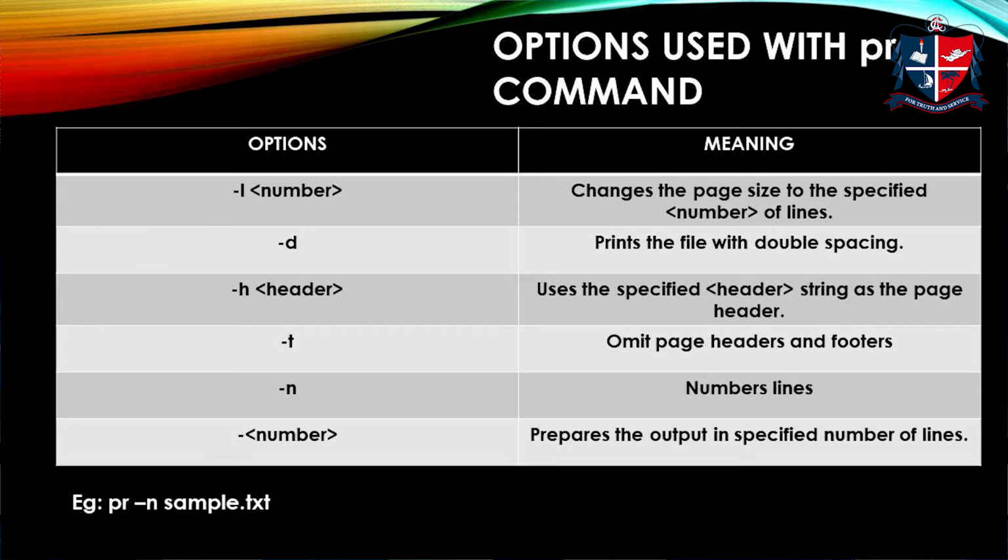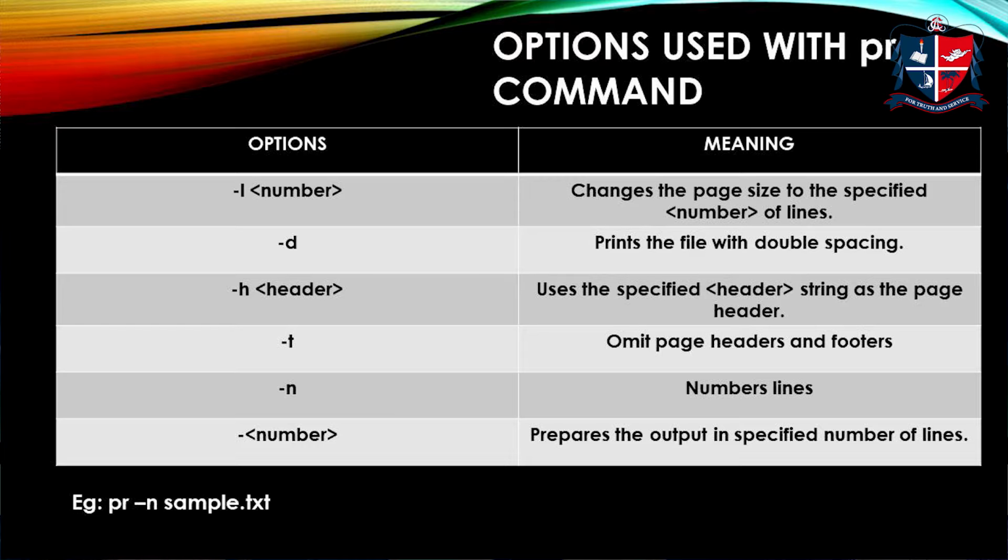By using the -l option and specifying a number along with it, we can change the page size of that particular file to the specified page size. That is, we can specify the page size in the number field. So -l is basically used to change the page size of the file.